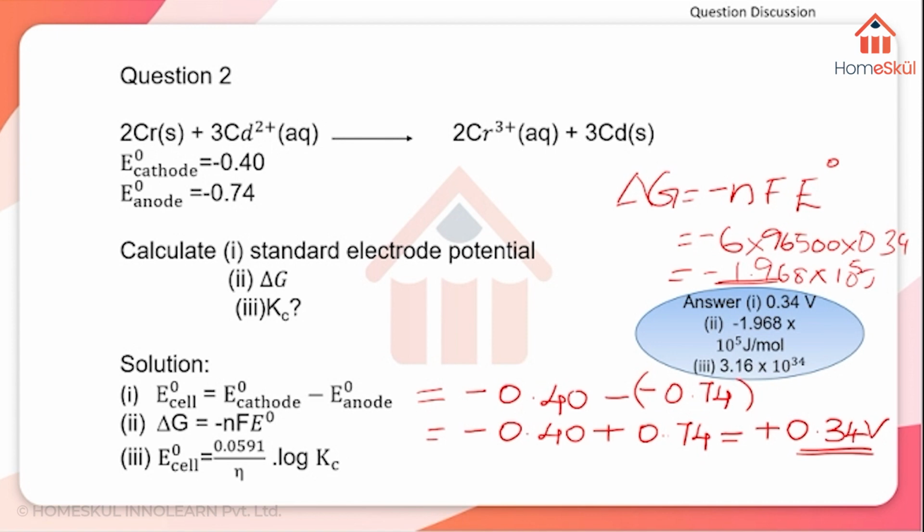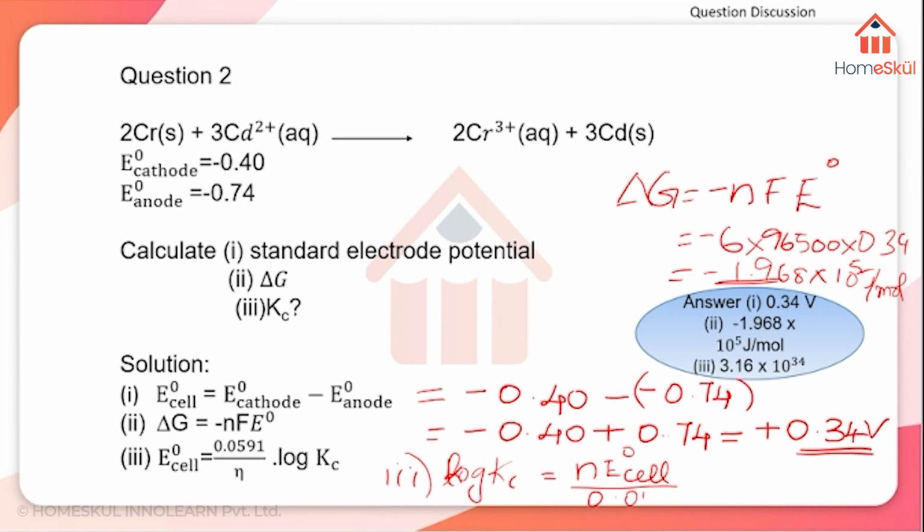Similarly, we will do the third question. In the third question they have asked Kc, that is the equilibrium constant. We know the formula: log Kc is equal to n into E0 cell divided by 0.0591. Here we have to calculate Kc.